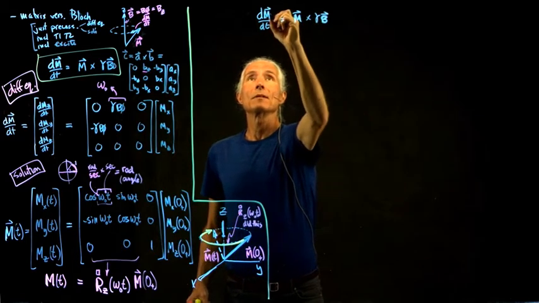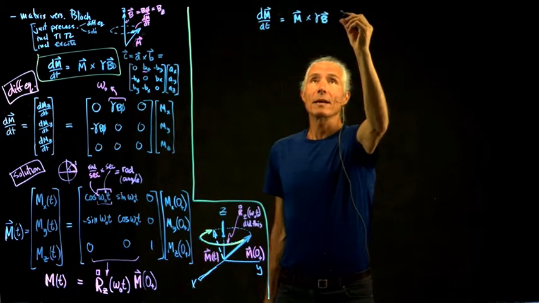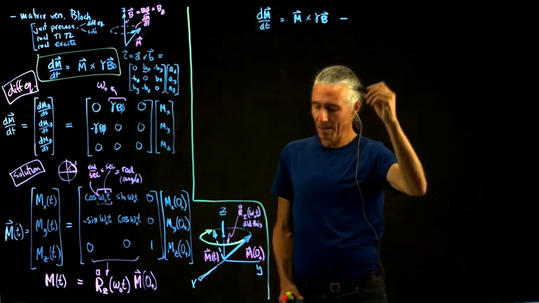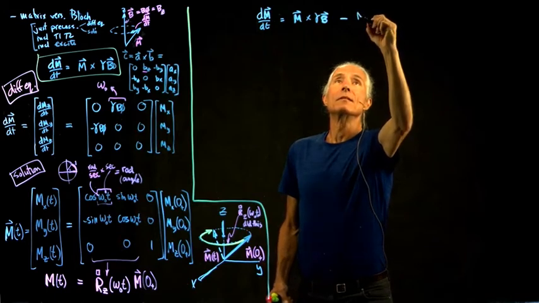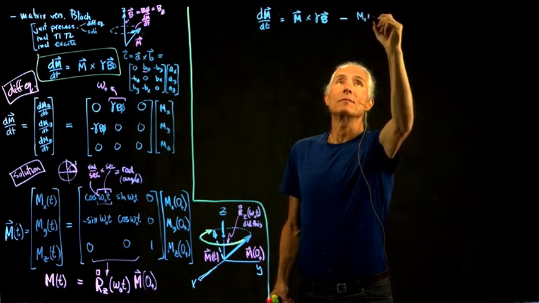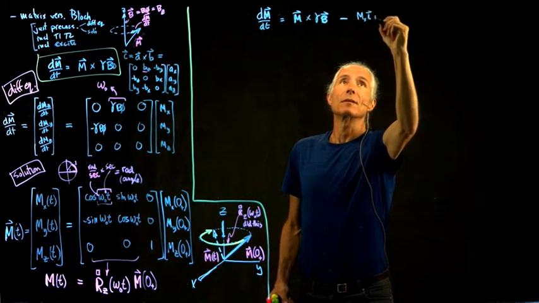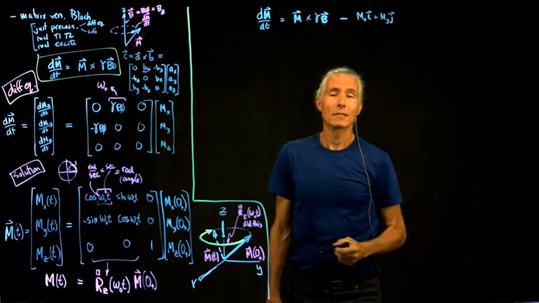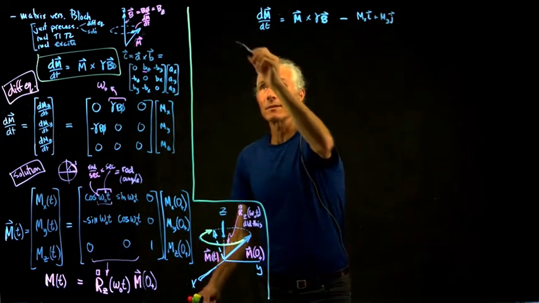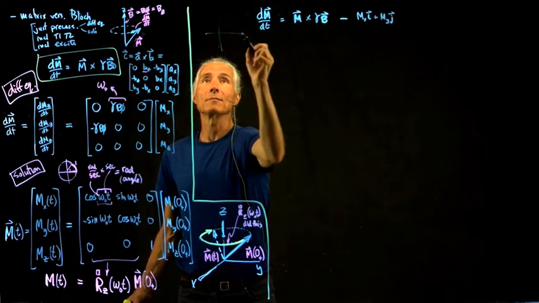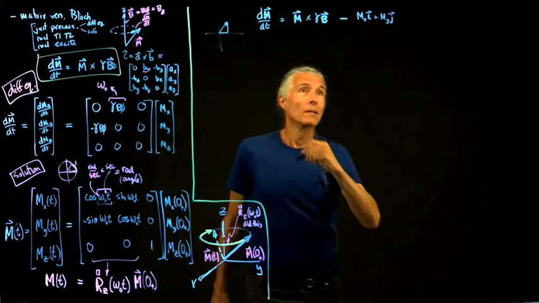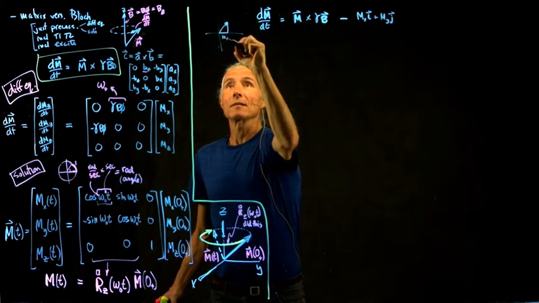That's the first term, and then we've got the T2 decay, minus the x component times the unit vector in the x direction plus the y component times the unit vector in the y direction. That guy is just the vector sum. Like if you did it in 2 dimensions, the x component and the y component give you that vector, so there's mx and my.